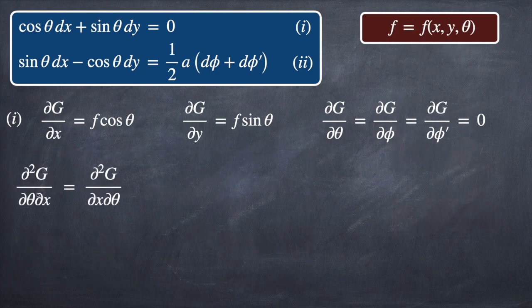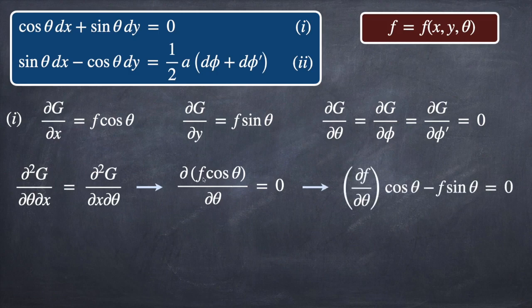Now, if we do the same procedure, but now a combination of these partial derivatives, then del g del x is f cosine of theta, so we need to calculate del theta of this quantity, and del g del theta is equal to 0. And then, since this is a product, f is a function of theta as well, the same as cosine of theta, obviously.